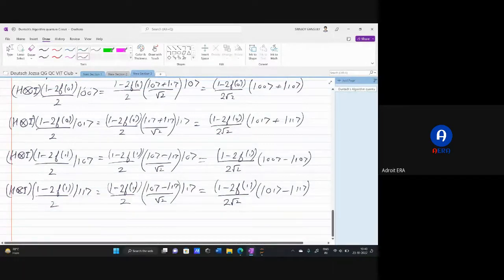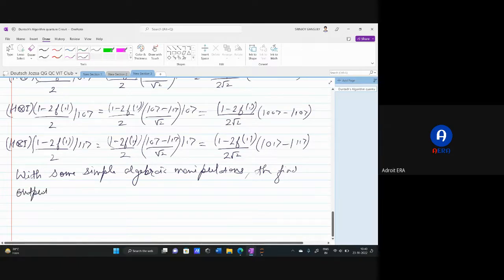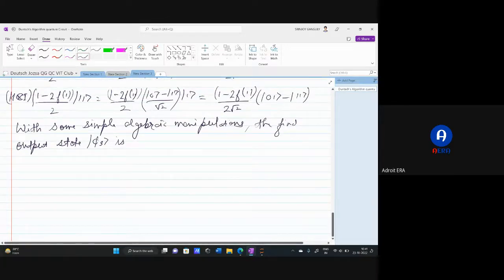With some simple algebraic manipulations, the final output state |φ3⟩ will be, what was it, H ⊗ I applied to |φ2⟩, right? And all the calculations which we have done above, please remember, are happening simultaneously.